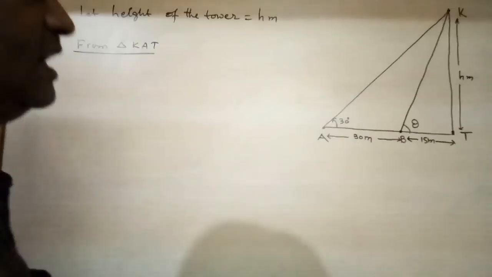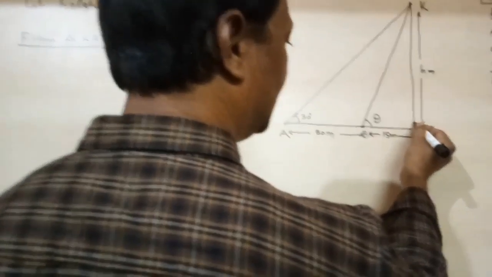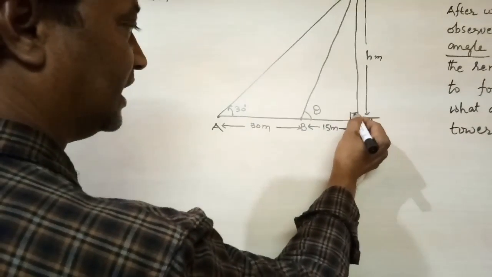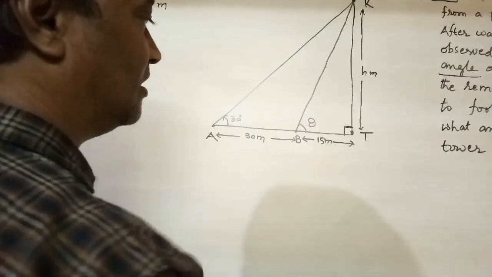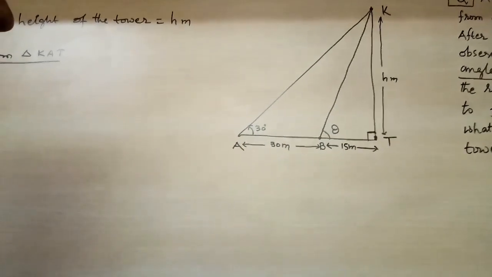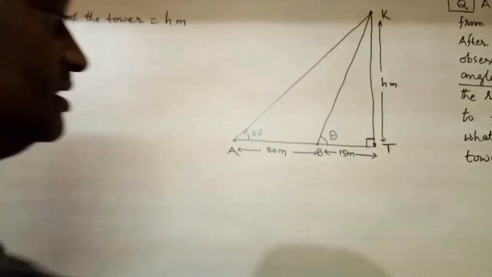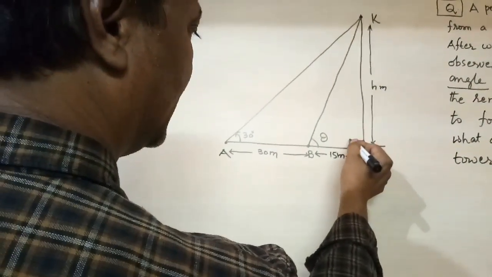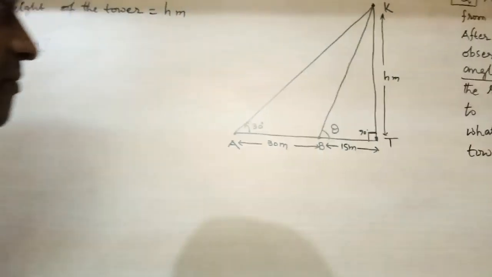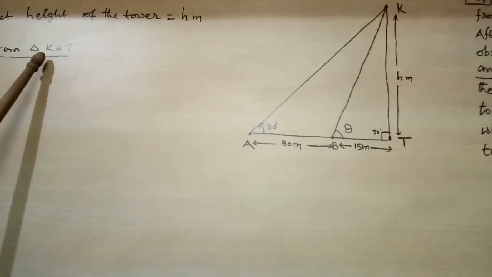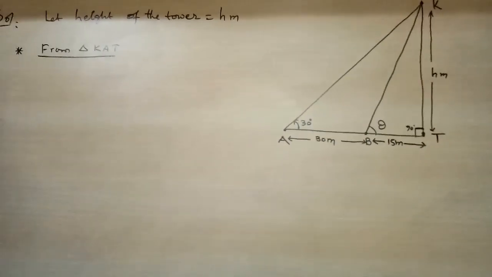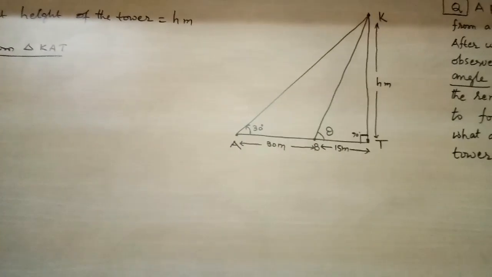Here the tower is at a right angle, since all constructions are built upon the earth making a right angle. Here we have 90 degrees. Therefore I am considering right angle triangle KAT and applying tan.